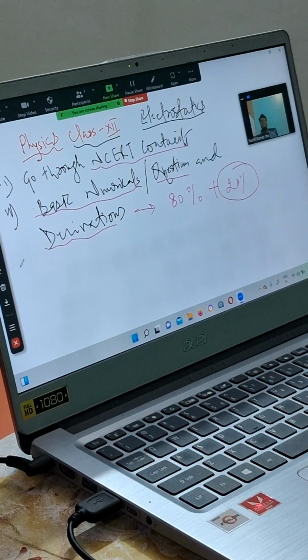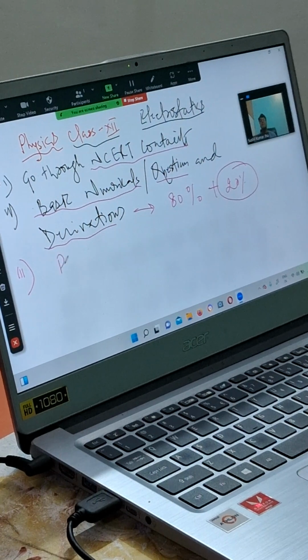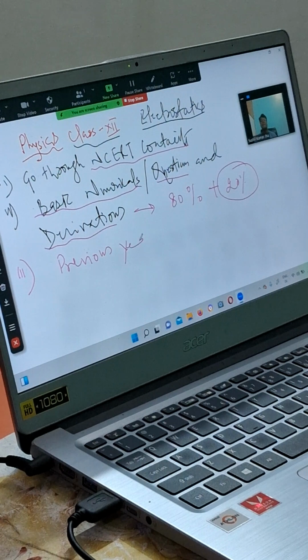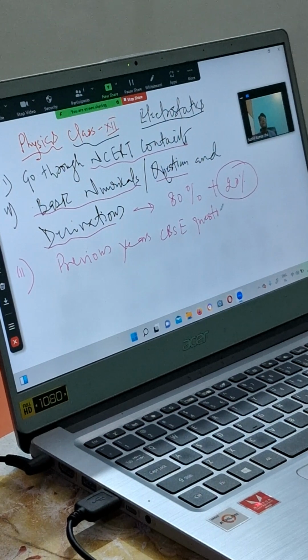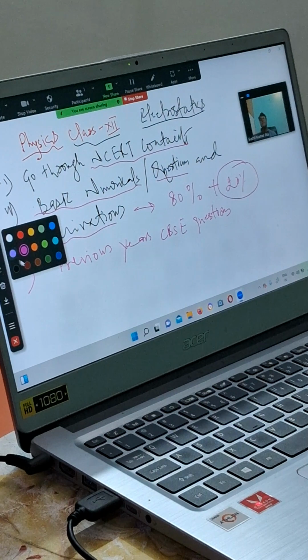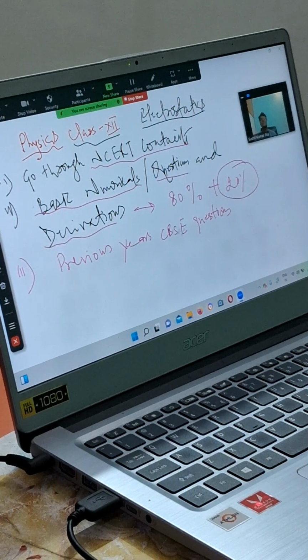For this, we need to see the previous years' CBSE questions. And when it comes to previous years' CBSE questions, you need not look at questions from 10-15 years back.